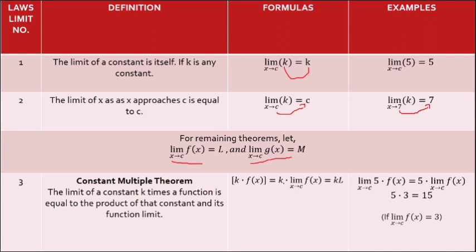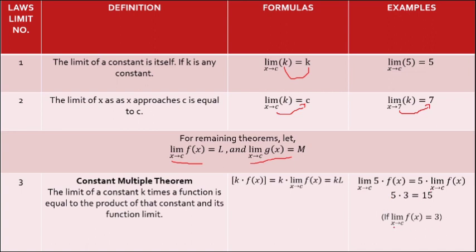Next, constant multiple. The limit of a constant k times the function is equal to the product of the constant and the function's limit. As you can see, this is the formula: the limit of k times f(x) is equal to k times L. Let's try an example.